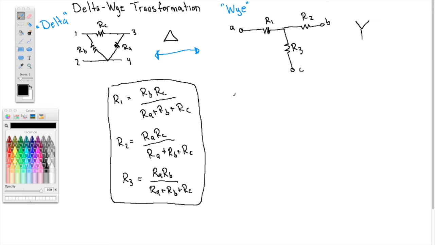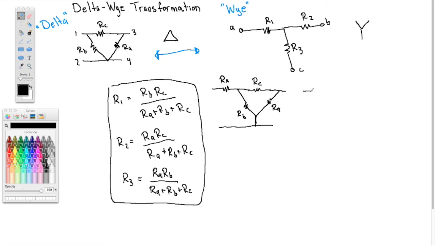And so just to motivate why you would do this, let's say you have a resistor here, call it Rx. And then you have this picture, Rc, Rb. This is a common picture for high power systems. Alright, so let's say you have this picture, and this is the delta picture.